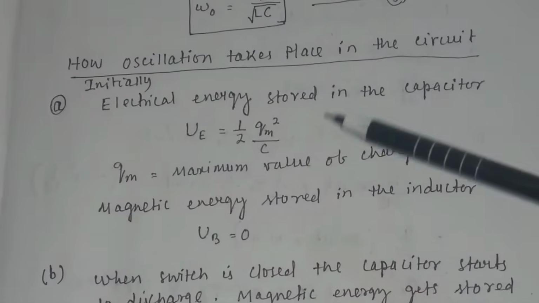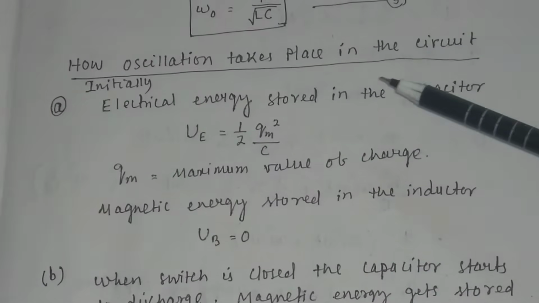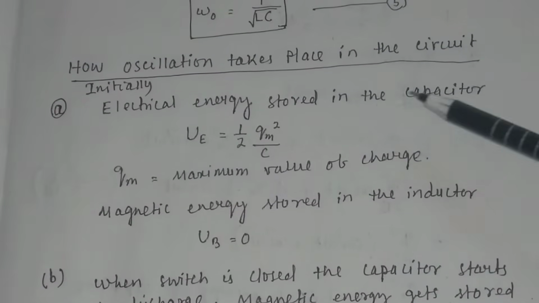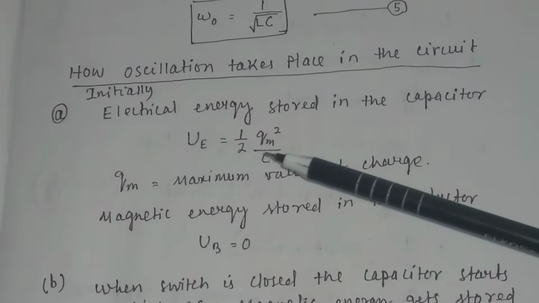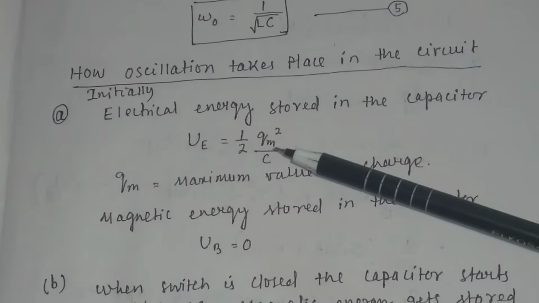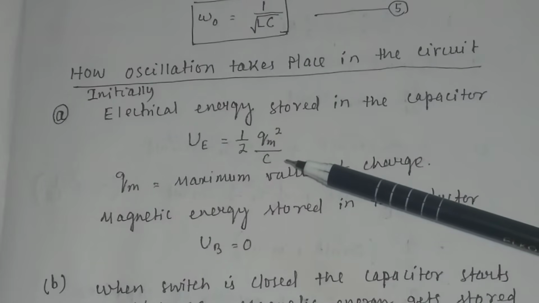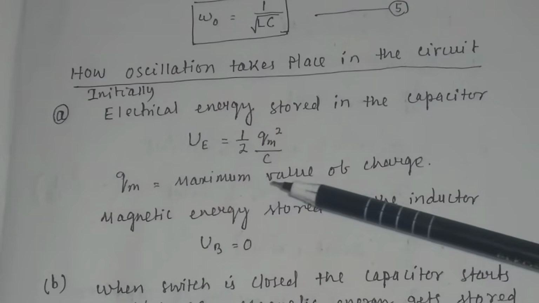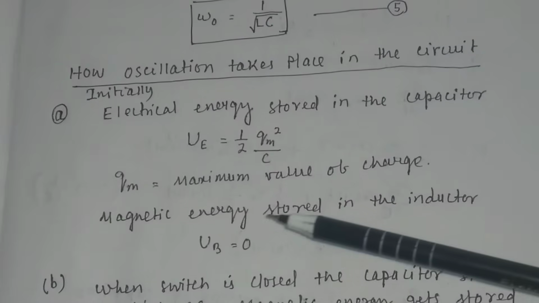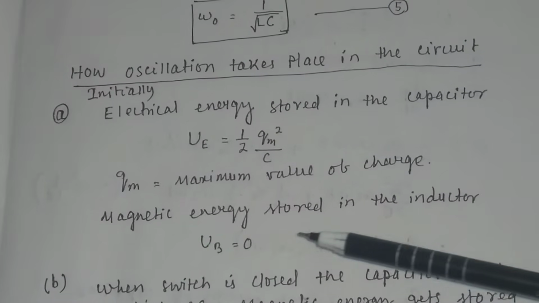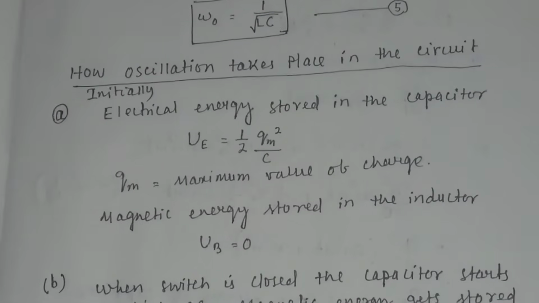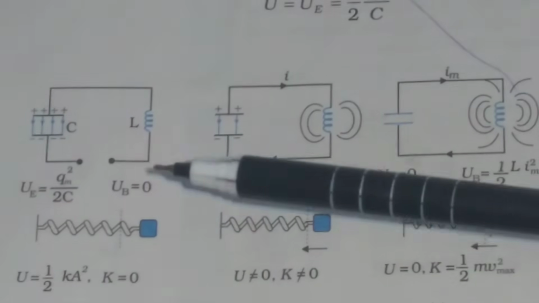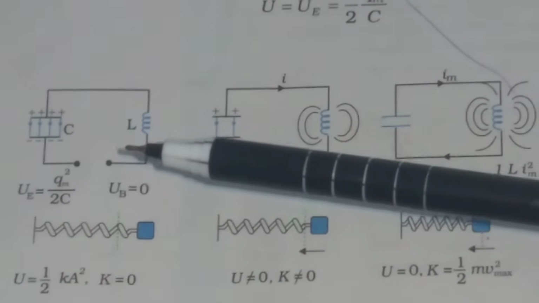Let us now discuss how oscillation takes place in the circuit. Initially, the electrical energy stored in the capacitor, UE, is equal to half Qm square divided by C, where Qm is the maximum value of charge, and the magnetic energy stored in the inductor, UB, is equal to 0. You see in this figure, this is the initial condition of the capacitor.